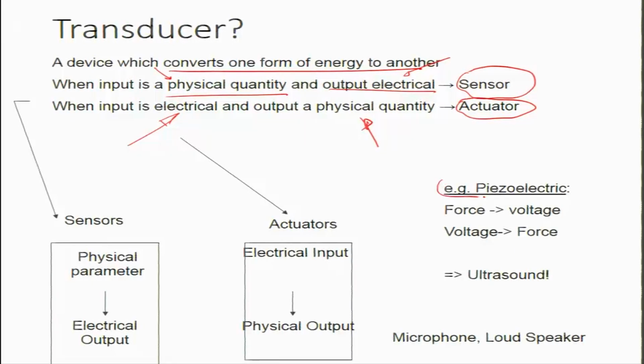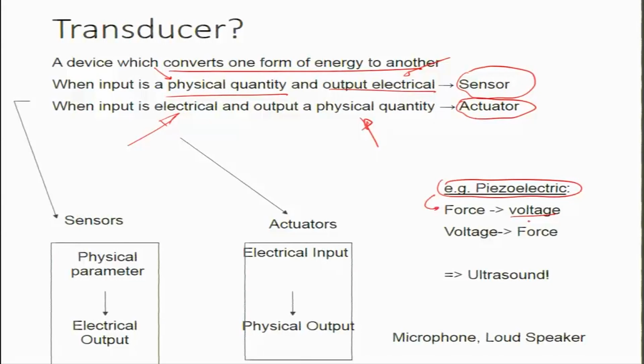A very common example could be the piezoelectric sensor or the piezoelectric stage, which could be used for a small displacement. In the piezoelectric sensor, for example, we could sense a force and produce a voltage.